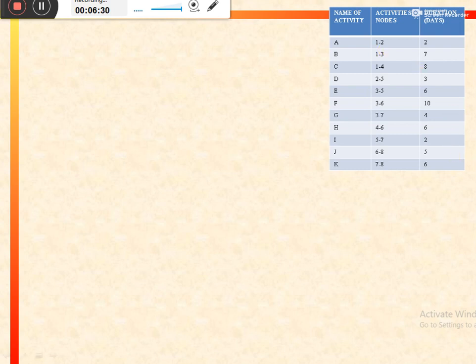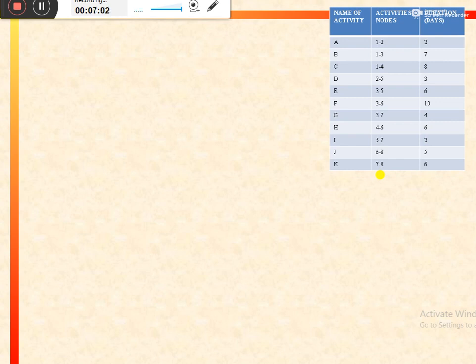In a similar manner, K is denoted by nodes 7, 8, which means 8 denotes the terminating node of the project, and activity K is the last activity, lying between the 7th and 8th node of the project. So these nodes represent the initial point, which is node 1, and the terminating point, which is node 8.